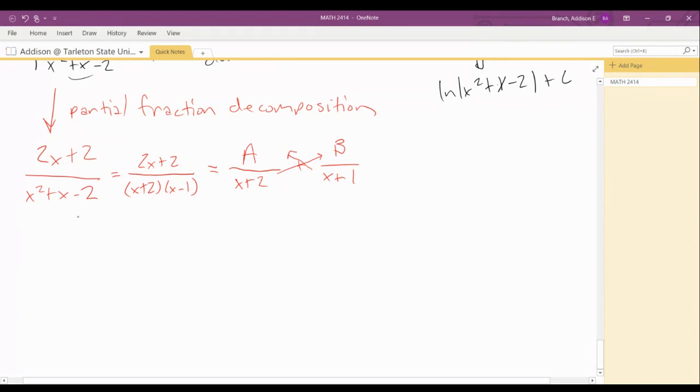So essentially we now say 2x plus 2 is equal to a, cross multiplied with x plus 1, plus b, which was cross multiplied with x plus 2, with, oh, I've had a typo in here.